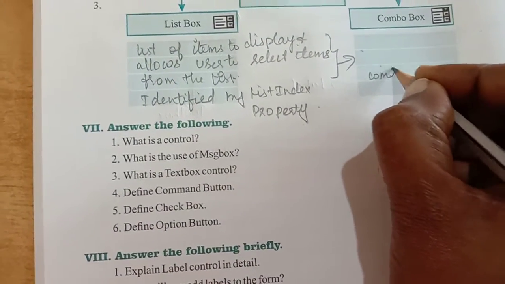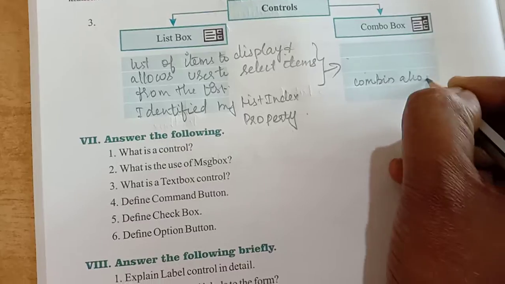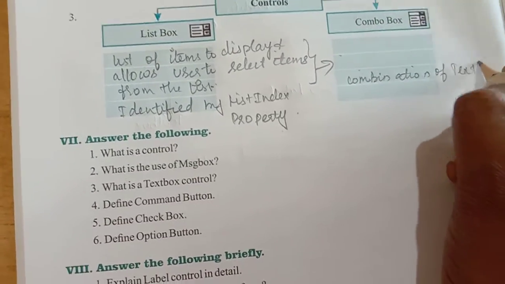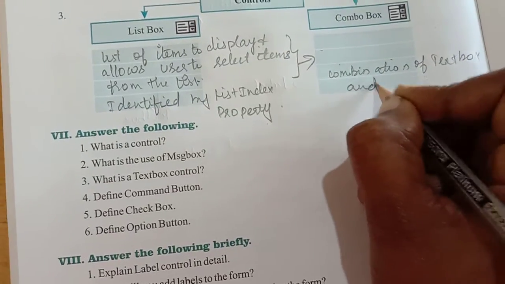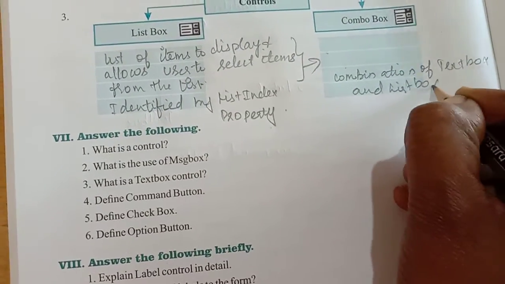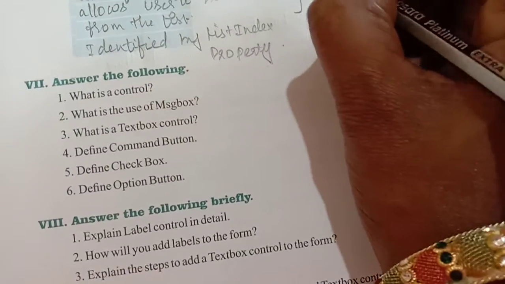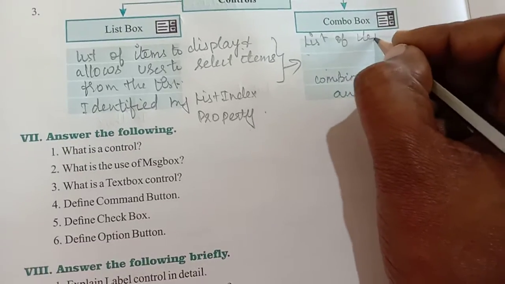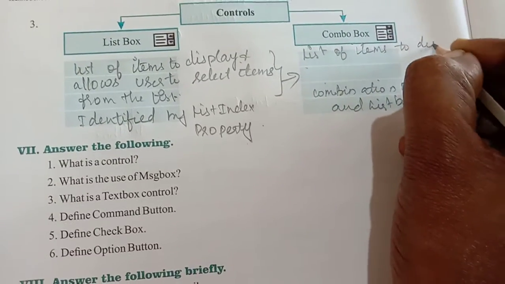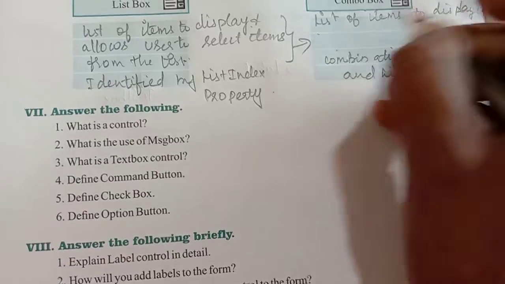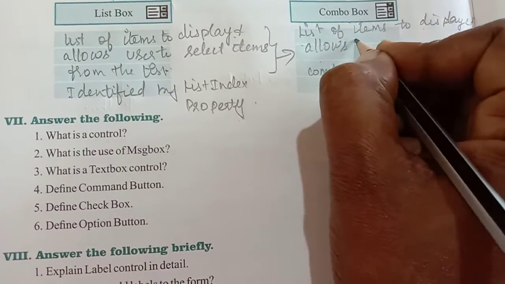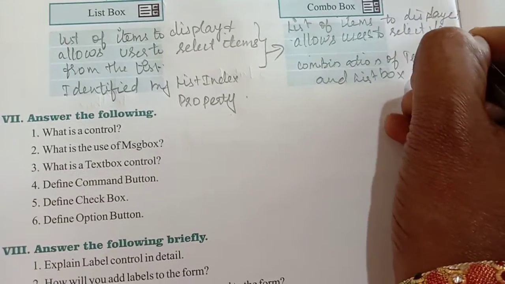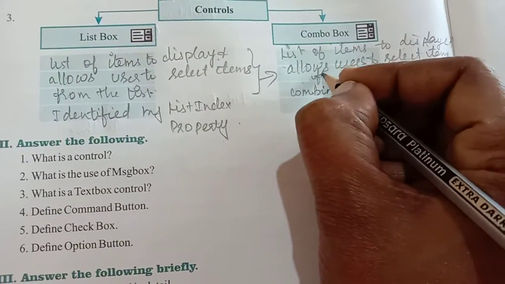Here the combo box is a combination of text box and list box. Okay, this is the second point. The first point: a list of items to be displayed and allows the user to select items from the list.